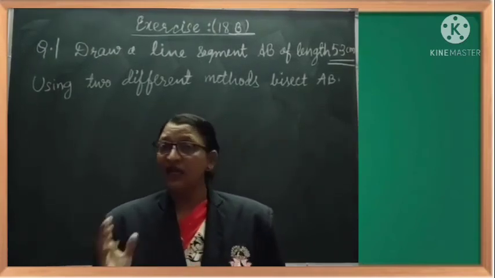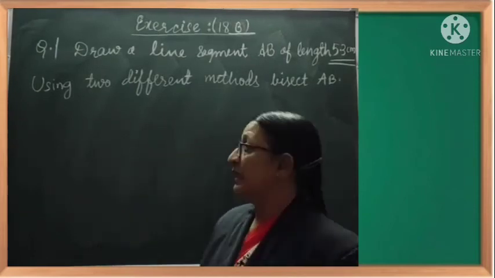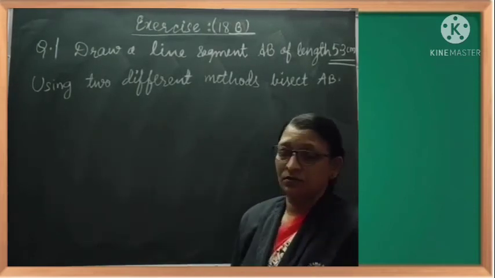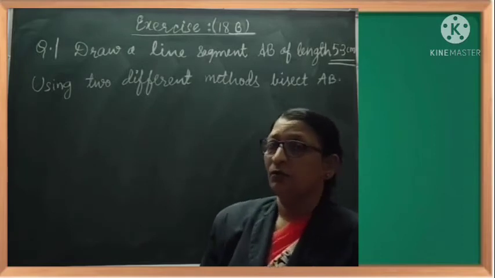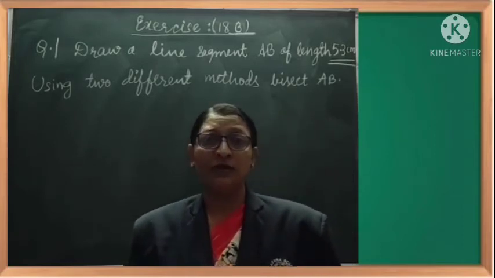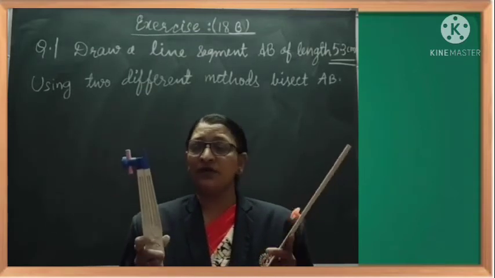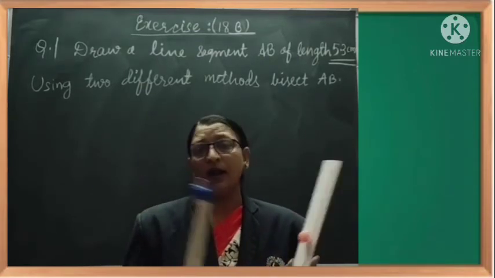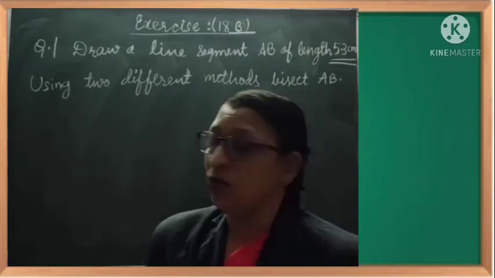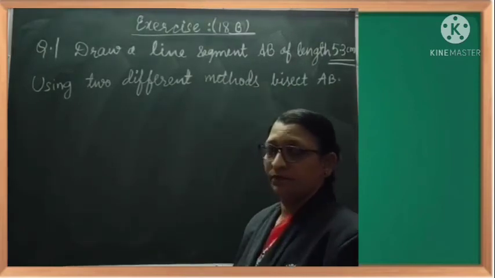So dear students, let us move to draw the given construction. First of all, I would like to tell you that in this construction we are going to use only the two geometrical instruments, that is ruler and compass. Here we go with the first method.